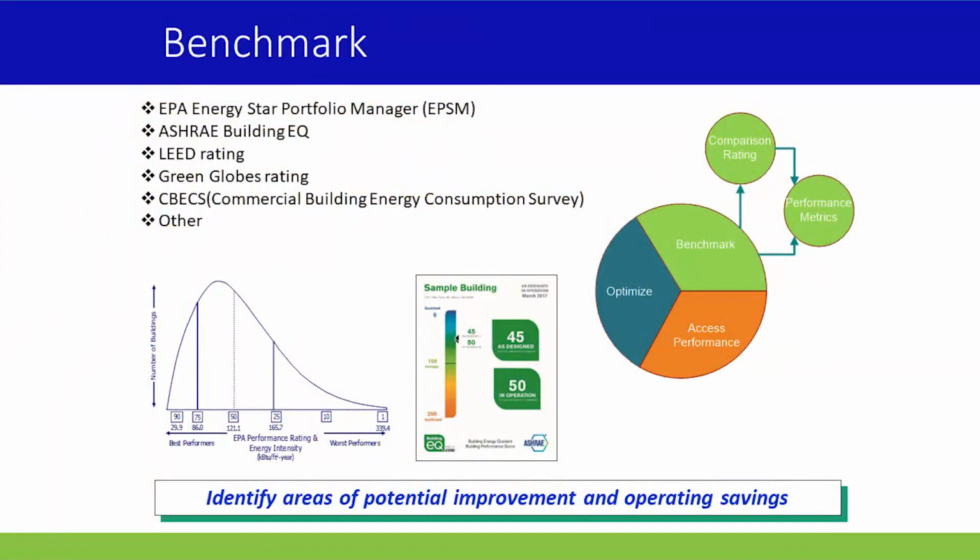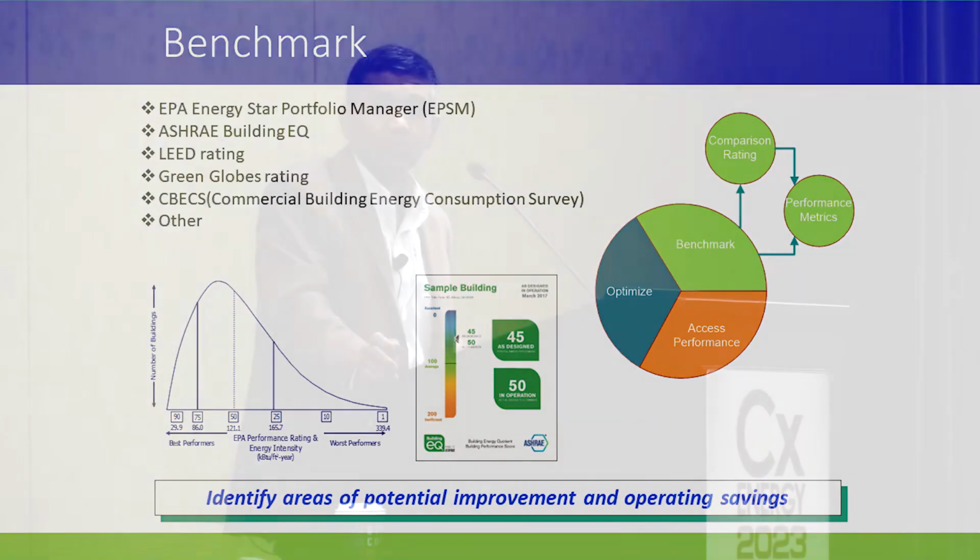Just to delve a little deeper, we get into benchmarking. This is basically identifying areas of potential improvement and operating savings. Now, everybody's very familiar with EPA's Energy Star Portfolio Manager.